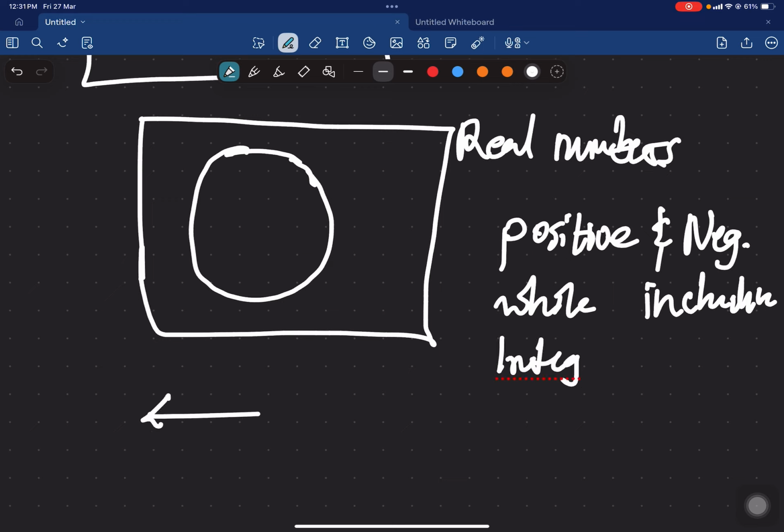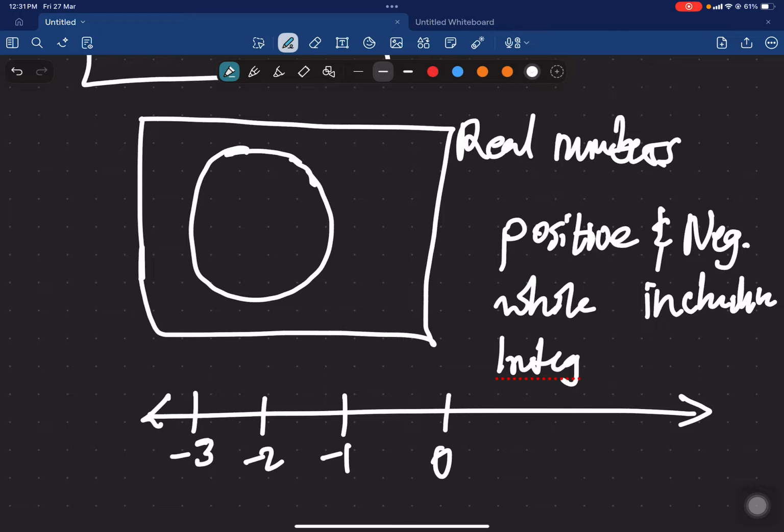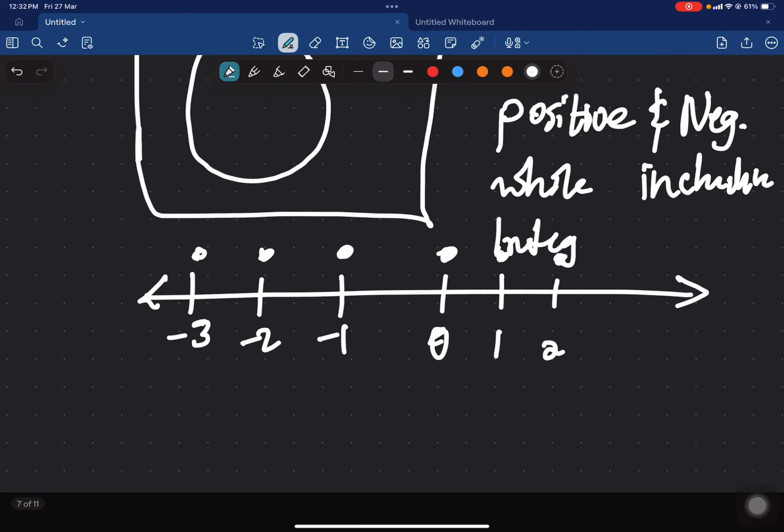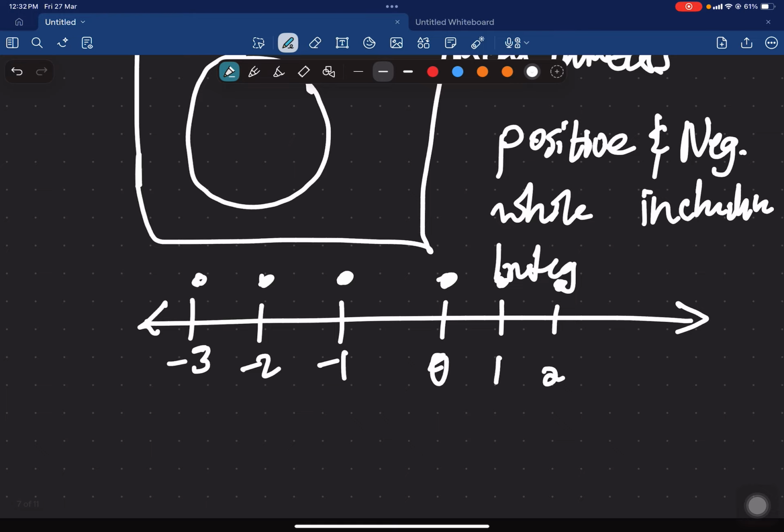So on the number line, we can see negative 3, negative 2, negative 1, then 0, including 0 itself, then 1, 2, and so on. So these are the integers, including 0.